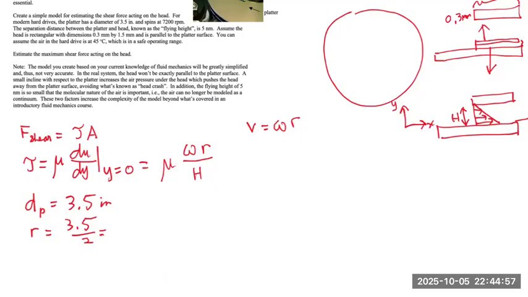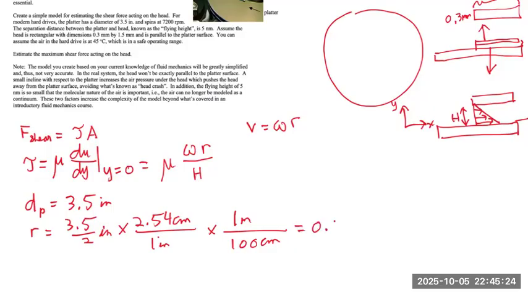I'm trying to get everything in terms of meters. So 3.5 inches over 2, multiplied by the conversion factor 2.54 centimeters per 1 inch, multiplied by 1 meter over 100 centimeters. And this is equal to 0.04445 meters.